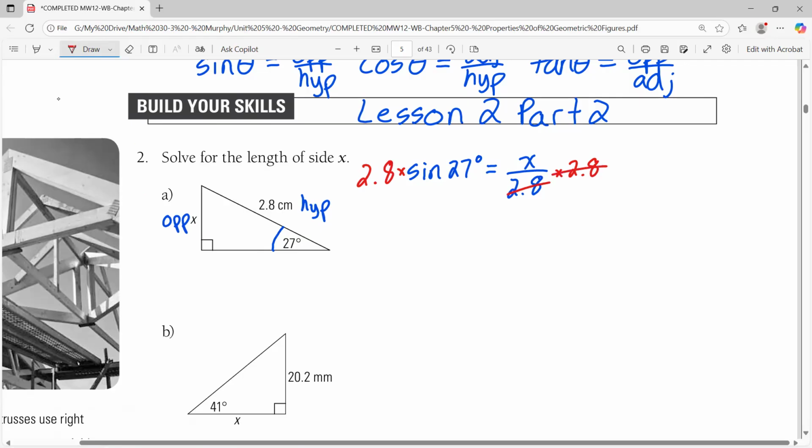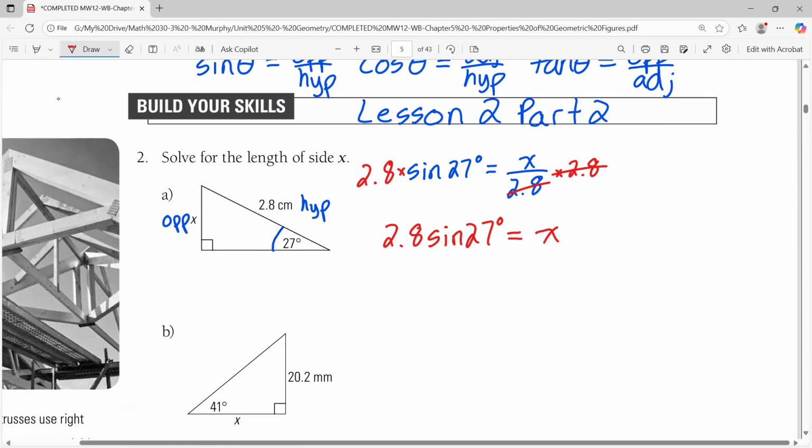Okay. Now, 2.8 times sine 27. So that's what that means. If you want to leave that multiply symbol in between, you can, but it's pretty common practice for there not to be anything there. The multiply symbol gets confused for the variable symbol x.